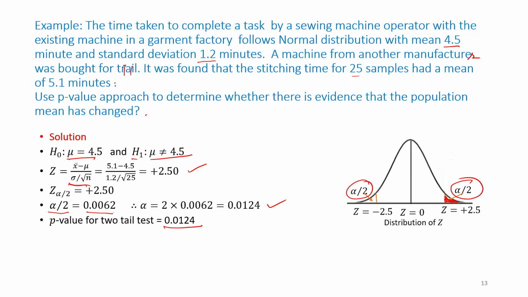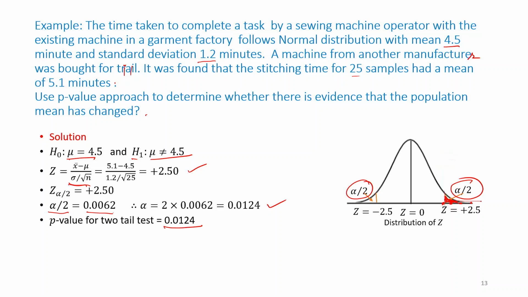That is the value of p in this case. That is the area beyond the calculated value of Z. From the data we calculate the value of Z, and beyond that Z, what is the tail area that remains? That is your p-value. So the tail area will be less and less the bigger the Z value is. The more the Z value, the more this point will shift this side, this side, this side.